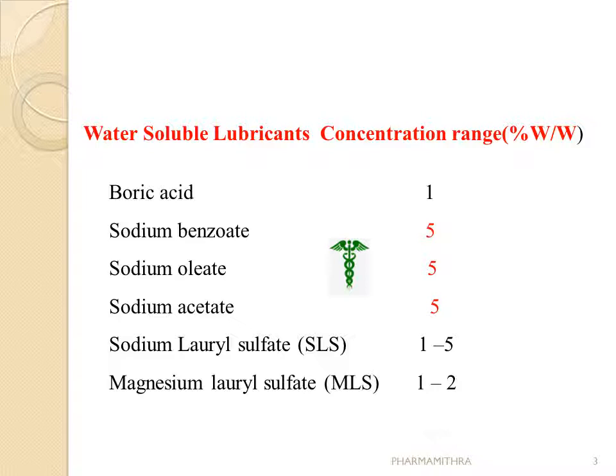Note this: normally lubricants have a concentration range between 1 to 5%, and mainly used lubricants have a range around 5%. Boric acid has 1%, SLS has 1 to 5%, and MLS 1 to 2%, whereas other lubricants like sodium benzoate, sodium oleate and sodium acetate have a concentration of 5% weight by weight.